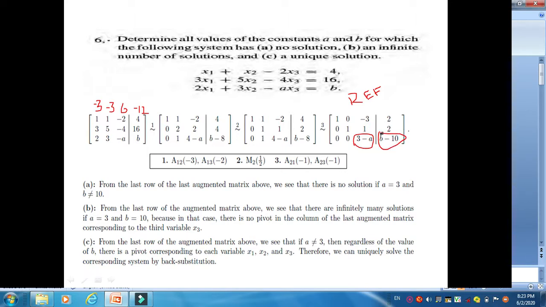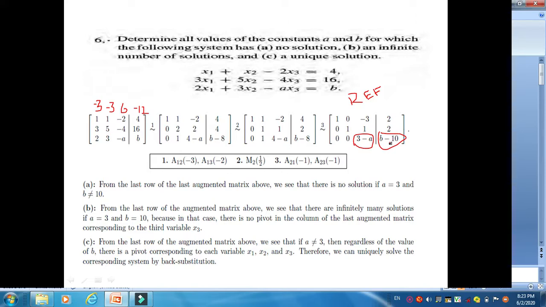So what are the values for a and b? If you plug in a equal to 3 and b equal to 10, you see these two elements become equal to 0, right? So that element becomes 0 here.